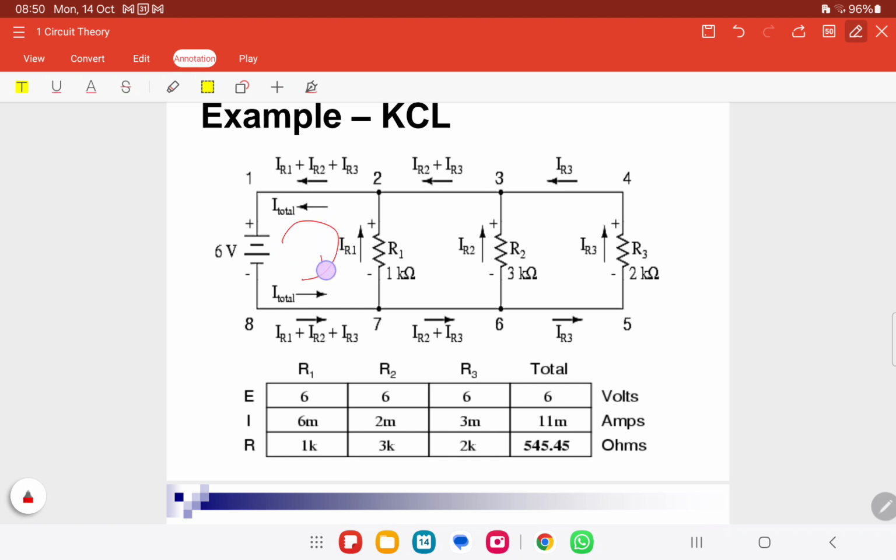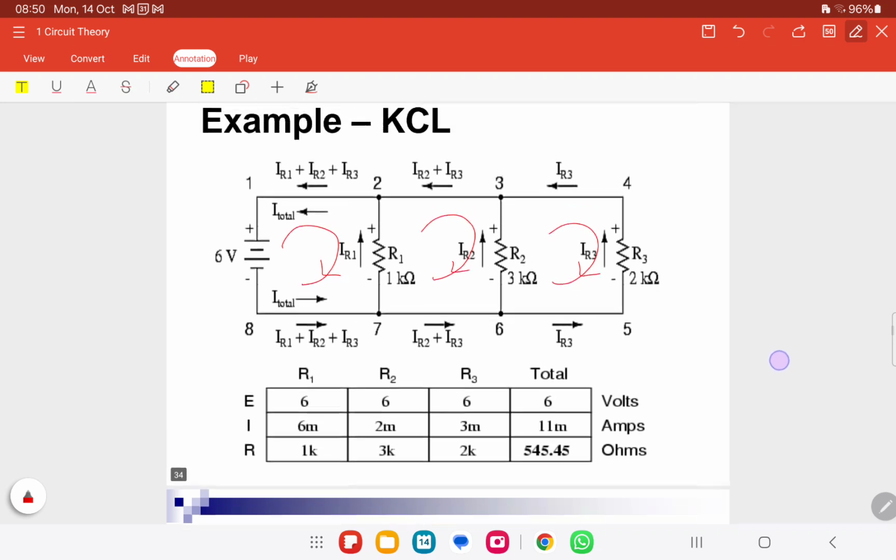Okay, first loop, second loop, third loop. Okay, all the voltages here is in same value because it is same node. Kan? Sini 6, this one pun 6 juga. Sebab dia tak ada komponen lain kat tengah-tengah tu. This is same node. So kalau sini tarik 6, so sini pun samalah.